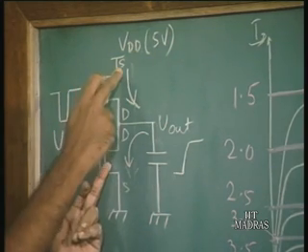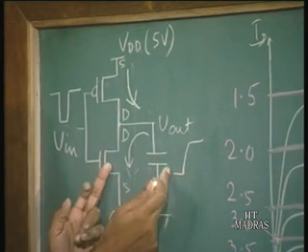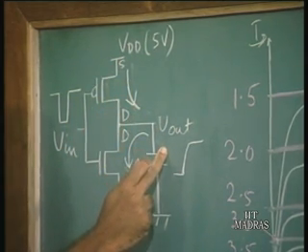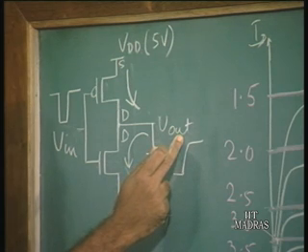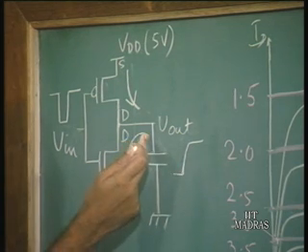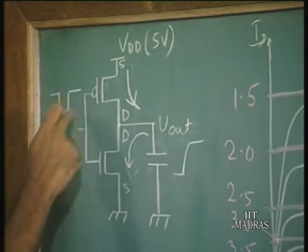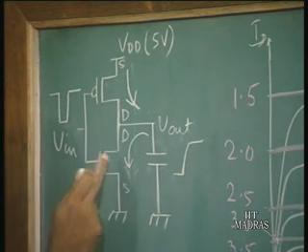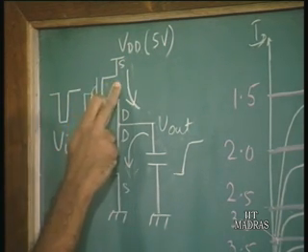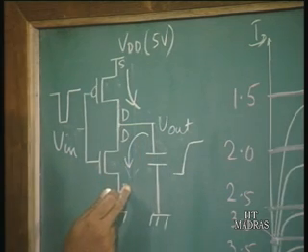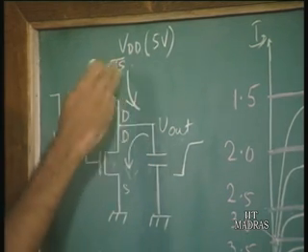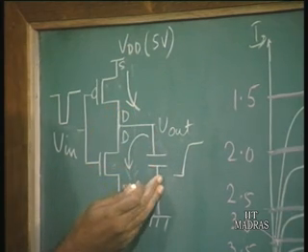NMOS turns off, PMOS turns on, the output voltage was low, so a current flows from VDD to charge the output capacitance, and the output voltage rises. During the other transition, when the input goes from low to high, the NMOS turns on and the PMOS turns off, so this output capacitance is discharged. So in one half of the cycle a current is flowing from the power supply to charge the capacitance.